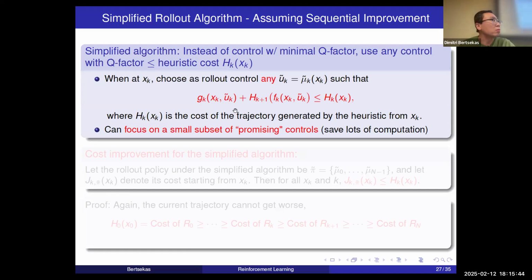And to give you an example, in the Wordle application that we covered in an earlier lecture, and we will revisit that example. At the initial phase, the control set consists of around 12,500 control options you choose from.